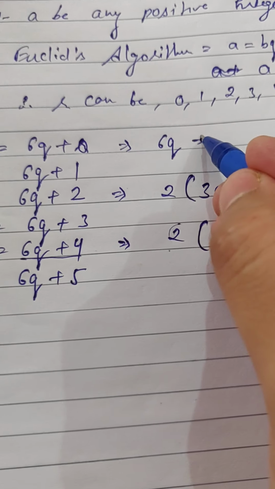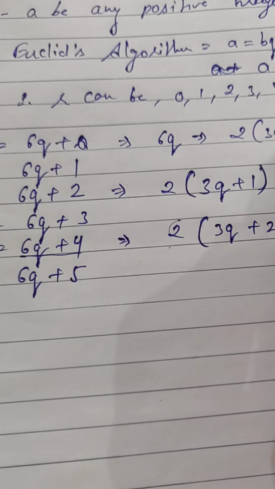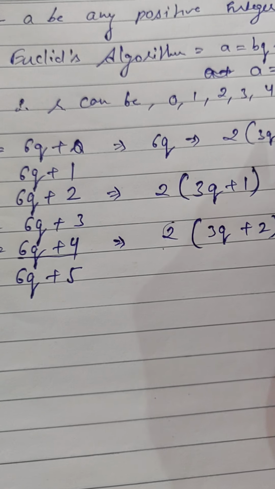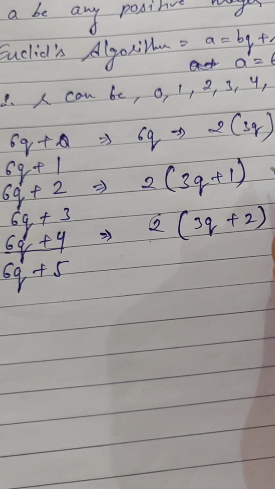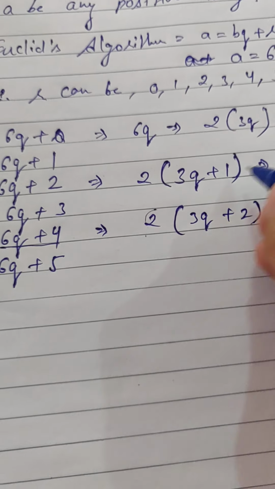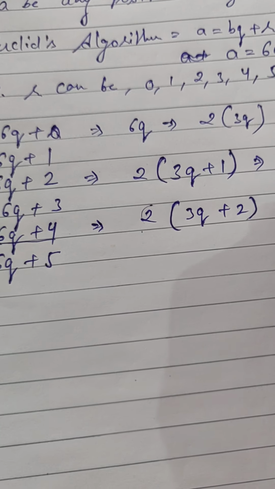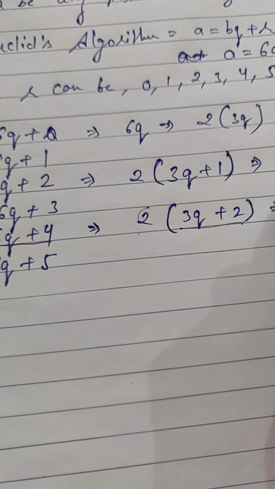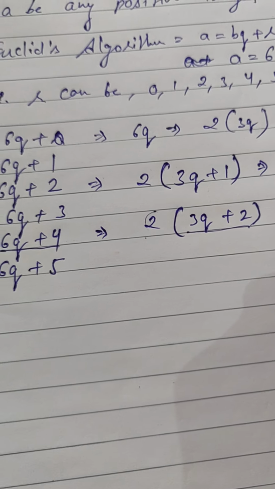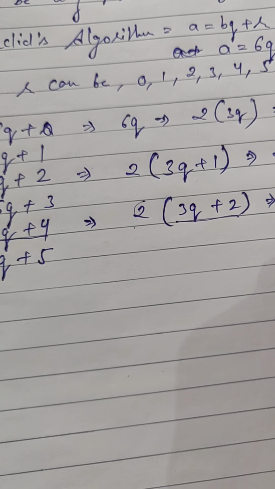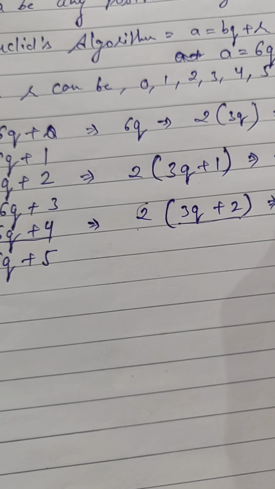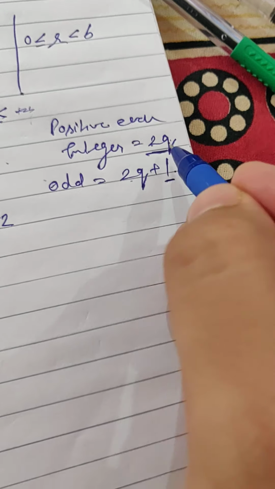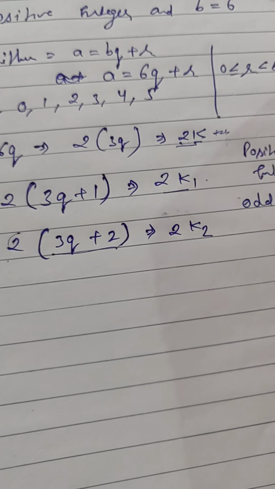And in the case of 6q, you divide, it will be 3q. So if we consider this 3q as k, it will be 2k. If we consider this as k1, it will be 2k1. If we consider this as a separate quotient, this will be 2k2. That means there is no remainder at all. These are of the form 2q. So these are even ones.